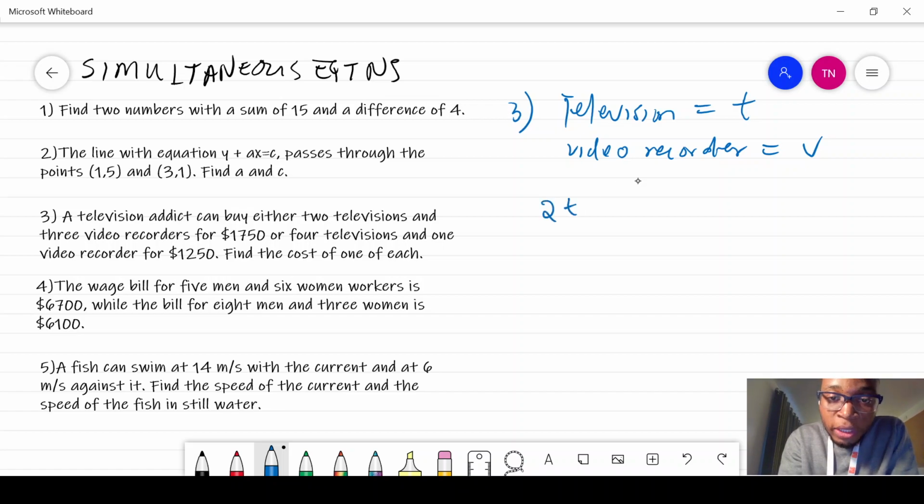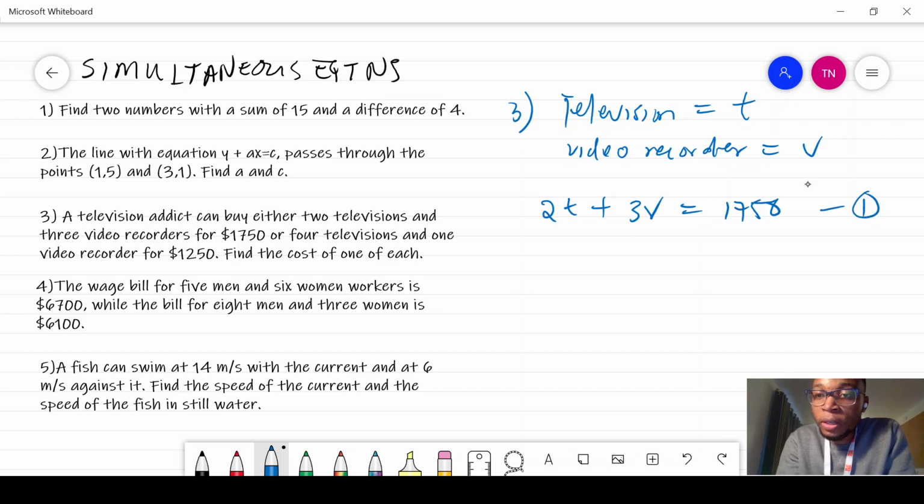That is going to be 2T plus 3 video recorders, so that is 3V, for 1,750. That is your equation number 1.